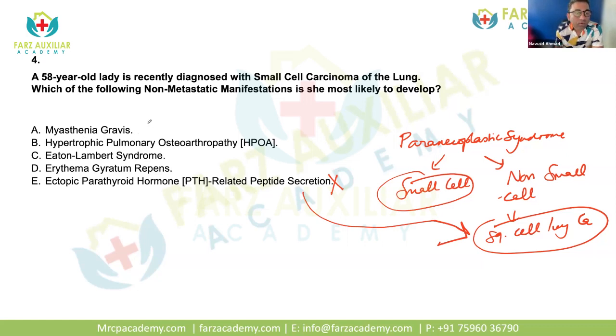Myasthenia gravis is an autoimmune condition and is not normally related to lung cancer; it is related to acetylcholine receptor antibodies. HPOA is a form of paraneoplastic manifestation, but it can be seen in all types of lung cancer, not specifically small cell. Erythema repens is not correct, so the correct answer you're left with is Eaton-Lambert syndrome.